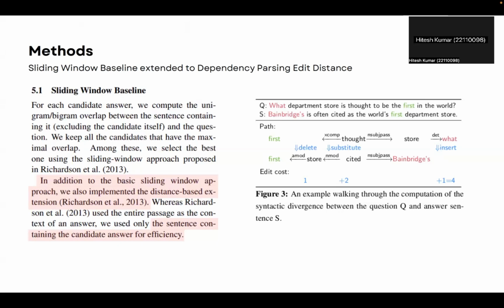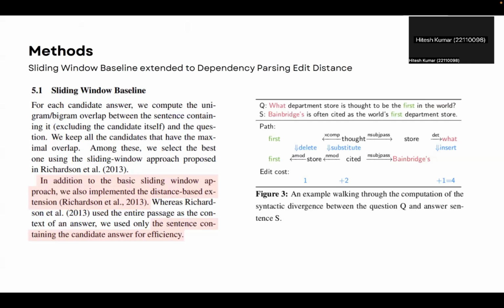So now we'll be seeing which particular models we used to check whether the data set is difficult enough for the other models to predict the answer. First of all, there was a random model that predicts all of the answers randomly.